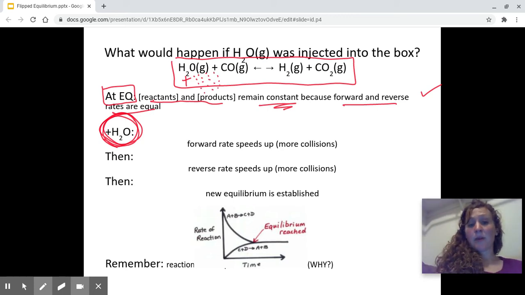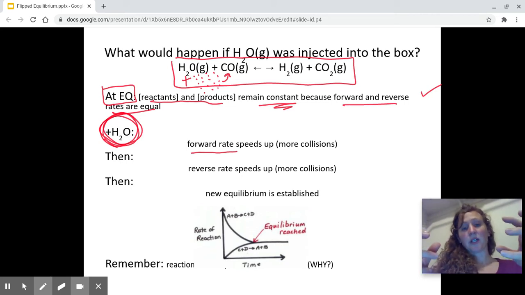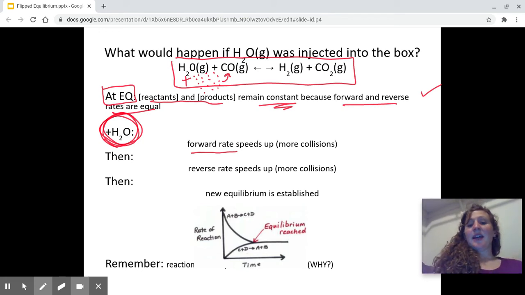And those water molecules are going to collide with carbon monoxide. The forward rate is going to speed up. We have more molecules, we're going to have more collisions, we're going to have a faster forward reaction rate. As reactants form products, our products are going to build up, then the reverse rate is going to speed up as well, and a new equilibrium is going to be established.